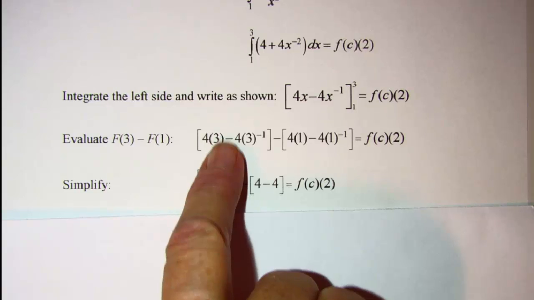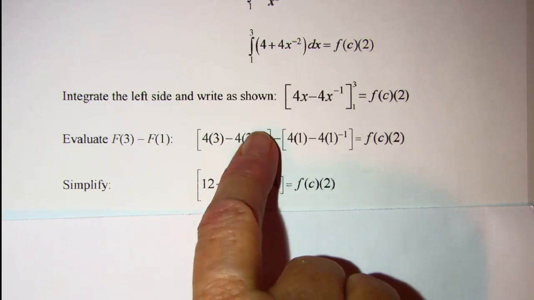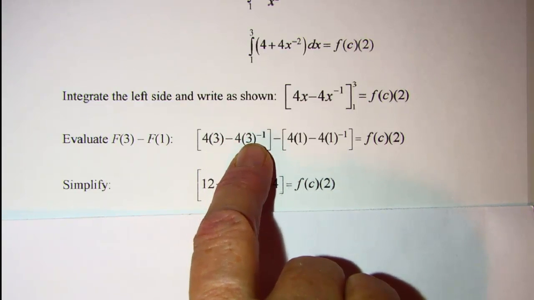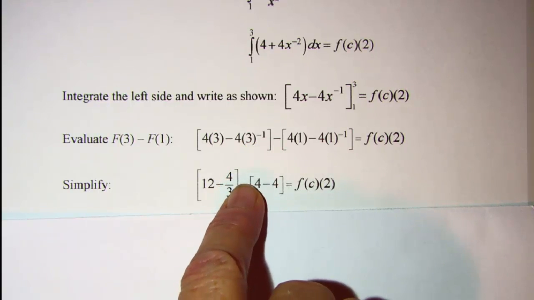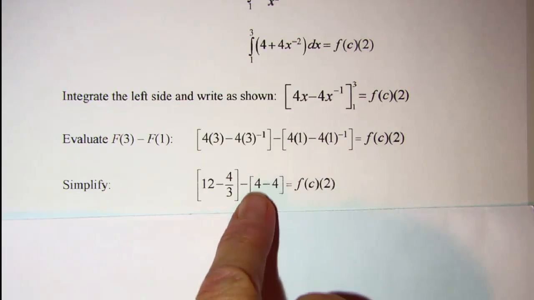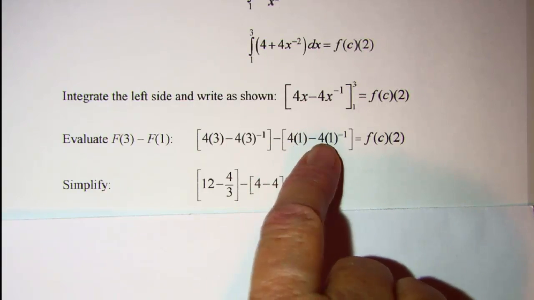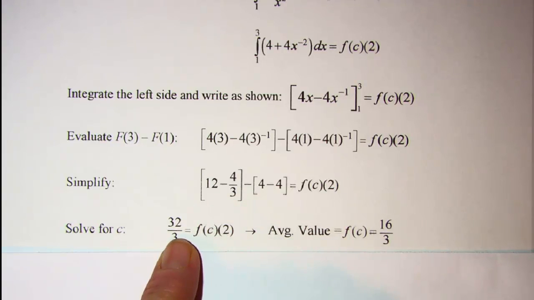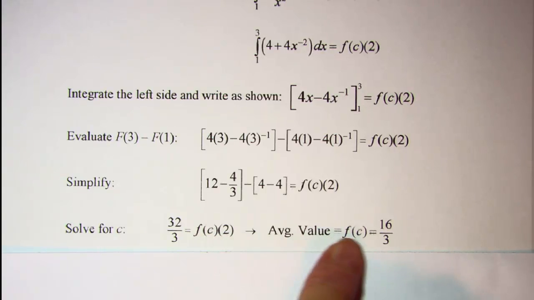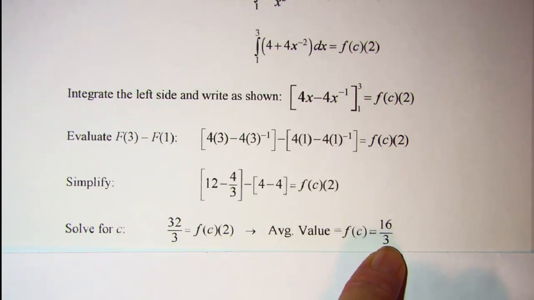We'll simplify. 4 times 3 is 12. 3 to the -1 is the same as 1/3, so this is 4/3. Subtract 4 minus 4. So 12 minus 4/3 is 32/3. And I'm going to solve for f of c, which is my average value. So dividing both sides by 2 gives me 16/3 for the average value.